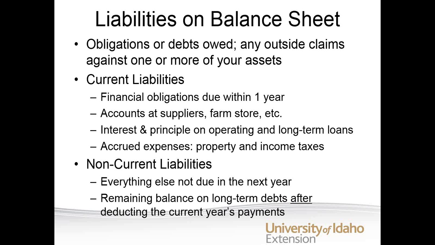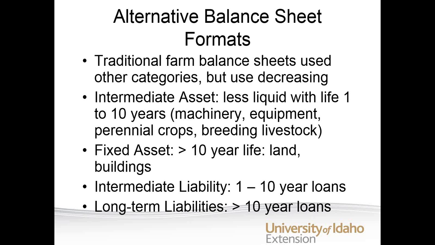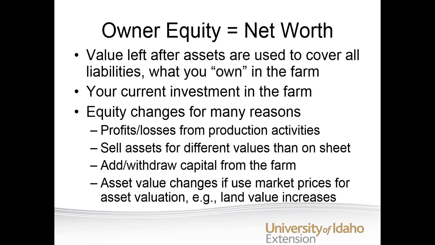So that would be property and income taxes that are accrued for that year. And I mentioned that this is the more applicable, traditional way to break up a balance sheet in agriculture.